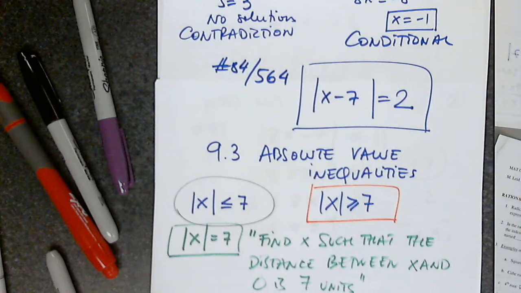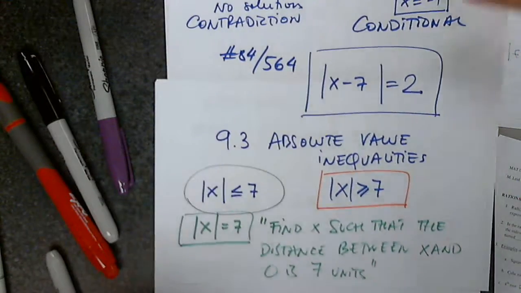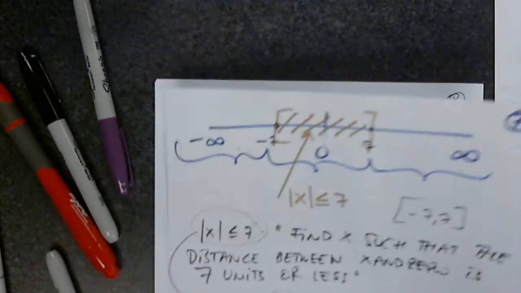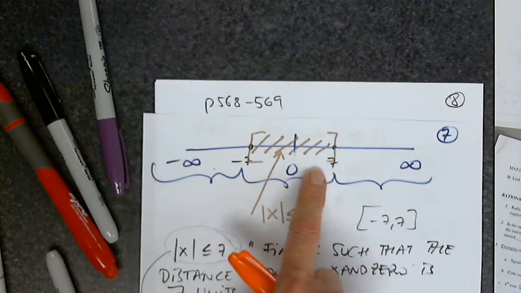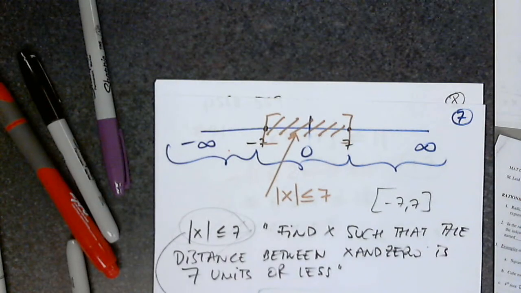I'm done with 7 or less. Now I want to find 7 or more. So I'm coming back to my graph. This is occupied. Done. I cannot include this in anything else. So where will I find numbers whose distance from 0 is 7 or more?